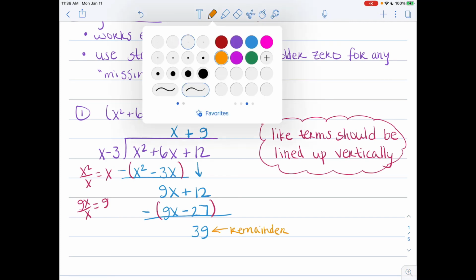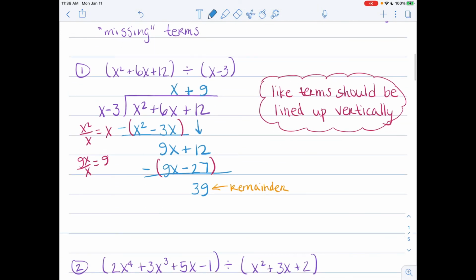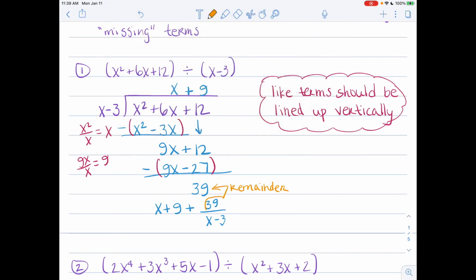So when we write our answer, remember that it's quotient plus remainder over divisor. So I'm going to say x plus 9 plus 39 divided by x minus 3. So again, our remainder is this piece right here.